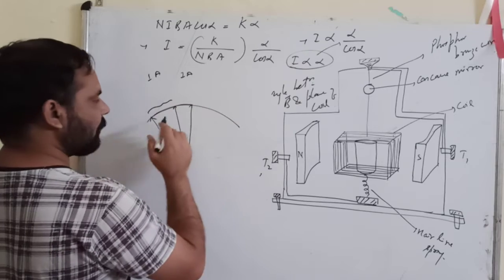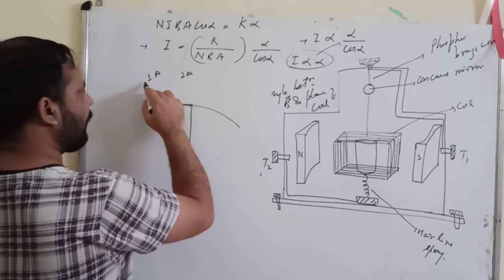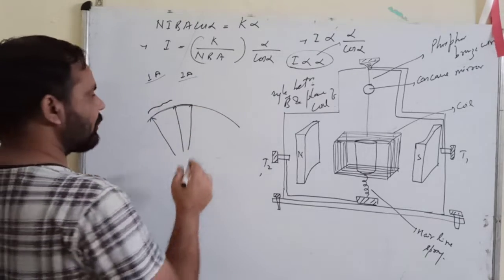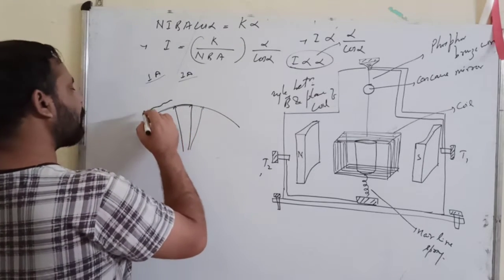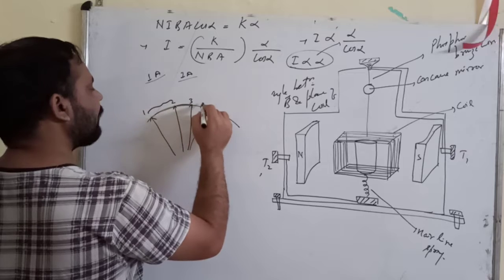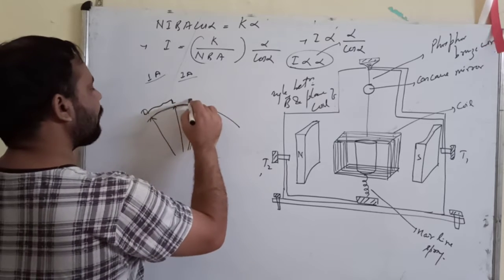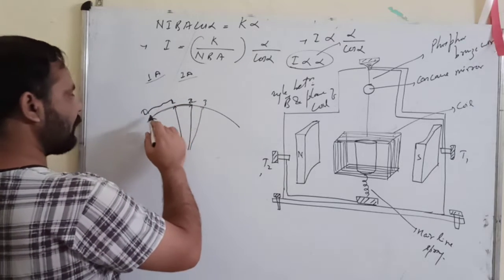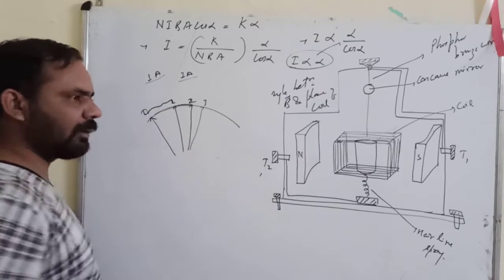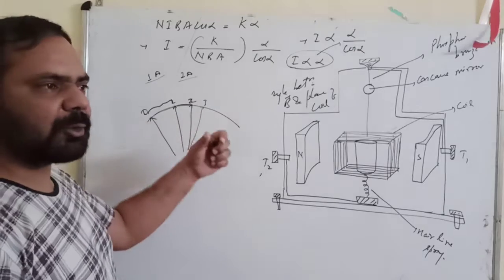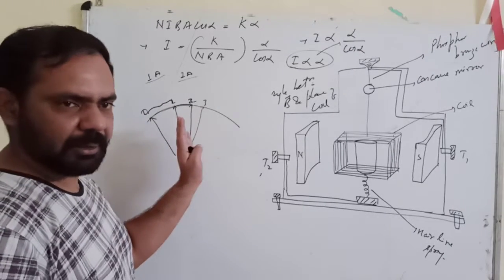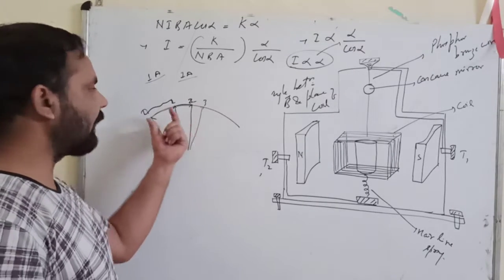So this length is smaller, this is bigger, this is smaller. However, the change in current is the same. For next 1 ampere, it takes only this much turn. So you will have to mark 0, 1, 2, 3, like this, so that you can see that the scale is not a linear scale. Linear scale means you have the graduations at equal distances, equal gaps.